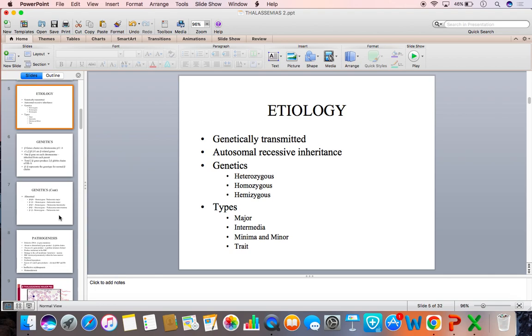All these varieties are because of the degree of genetic mutation that results in the quantum of beta globin that is produced.